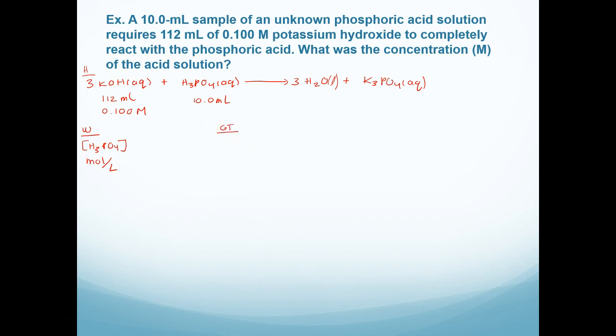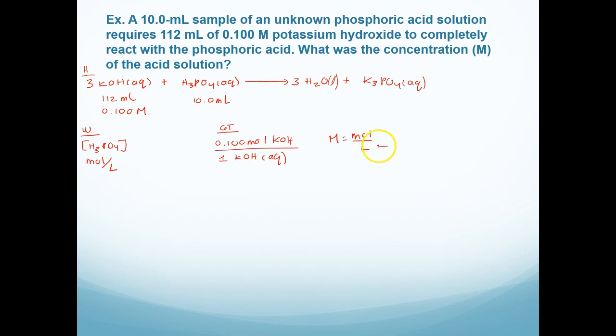So we know that we have a concentration for the potassium hydroxide, so let's put that in. We have 0.100 moles of potassium hydroxide for every 1 liter of the potassium hydroxide solution. We also know, again, that the big M stands for moles per liter, and that's what we want.